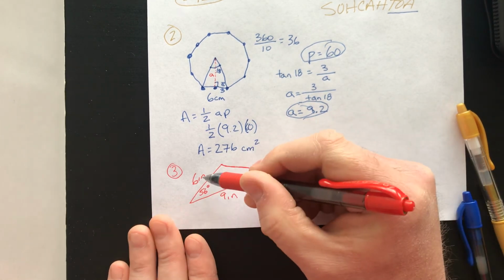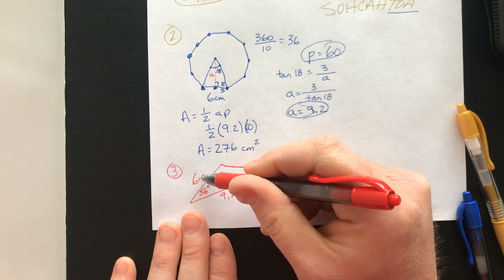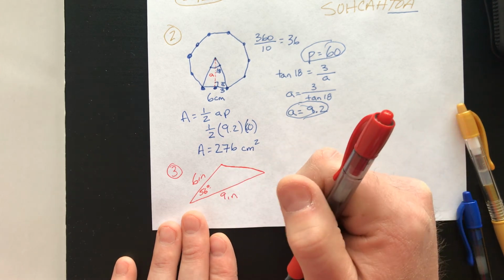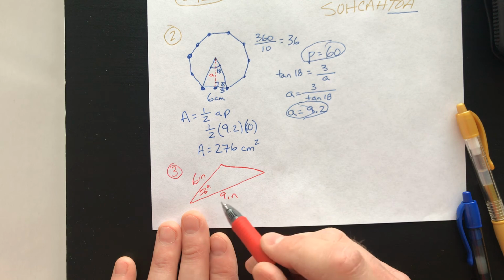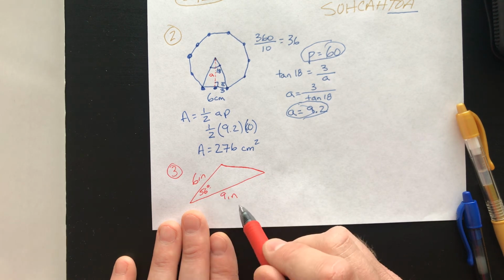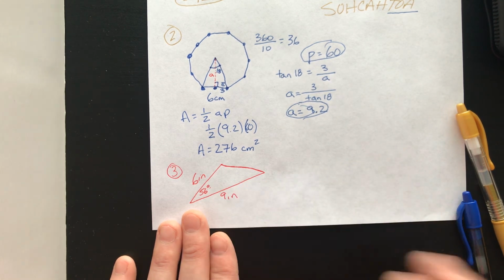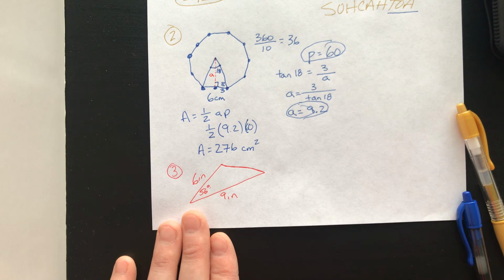You can see this is side angle side. The formula in your book, so make sure you read, is on page 645. It says we can solve for the area of this triangle if you're given SAS.